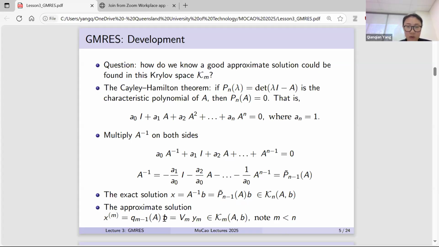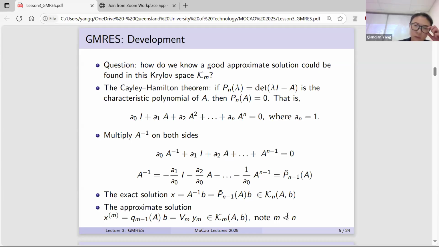And so this is promising. It's definitely in this smaller Krylov subspace Km(A,B). And if it's a vector in this Krylov subspace, then we know that it can be written as Vm times Ym.